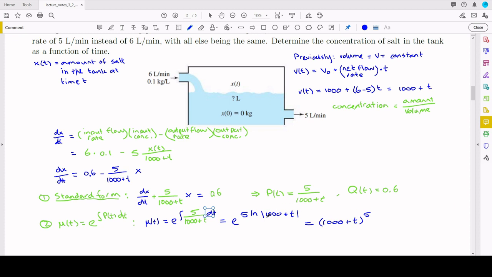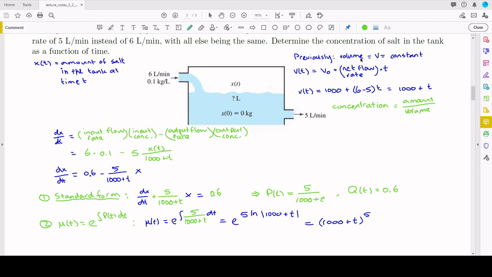And we're not going to worry about the absolute values here for the integrating factor. We'll see that this one works without having to worry about the absolute values. That's because we're looking at positive times t, and so the absolute value of 1000 plus t is just 1000 plus t.